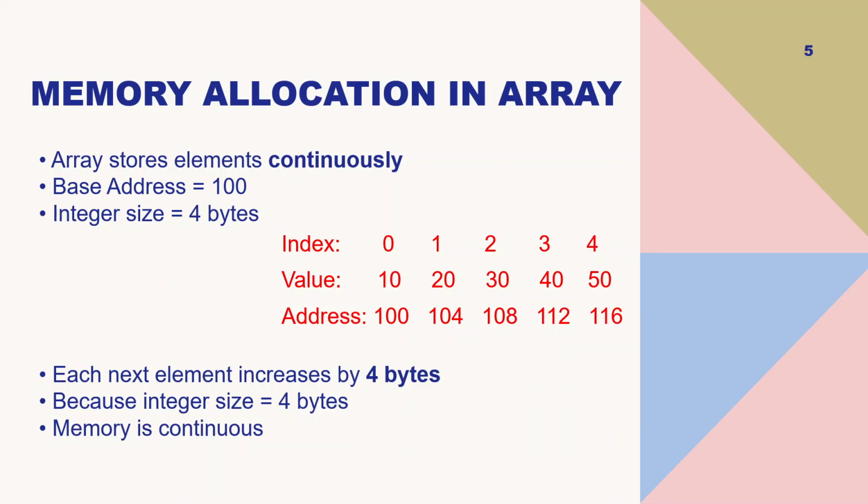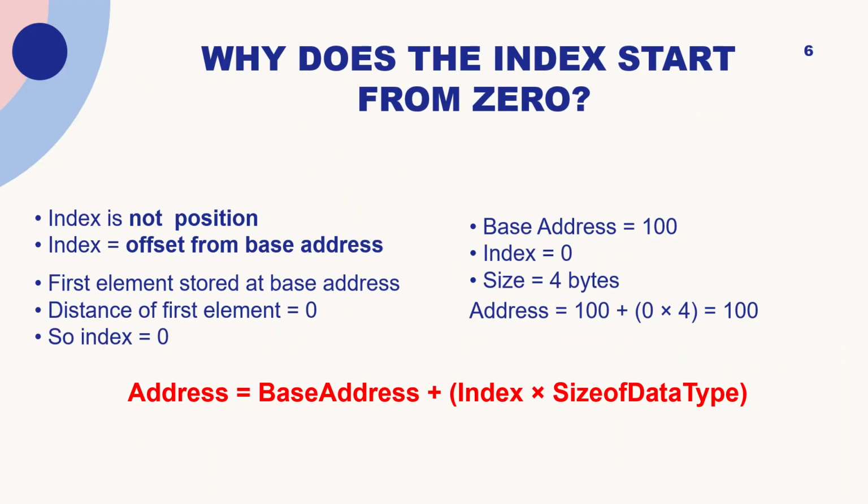Actually, to calculate the address of an index position, the computer uses this formula: address is equal to the base address plus index times size of data type. Here the base address, which we assume is 100, at index position 0: base address is 100, index is 0, size of data type is 4.